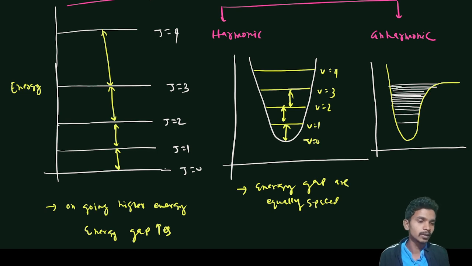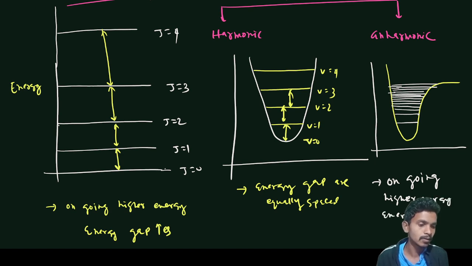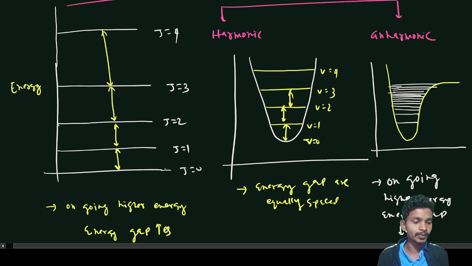So for anharmonic, going to higher energy, the energy gap decreases. So these are the two we can look at: how energy gaps are for harmonic, and how the energy gaps look for anharmonic.